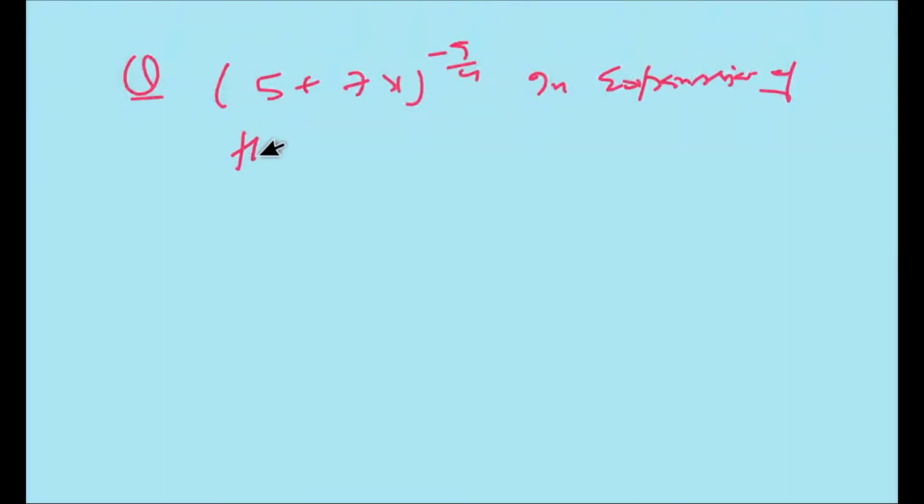We will do equations to find the maximum value term in the expansion of 5 plus 7x to the power minus 9 upon 4.